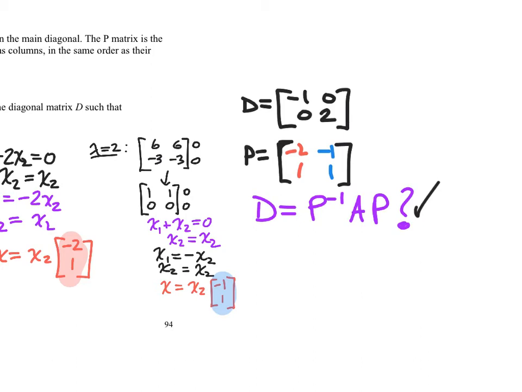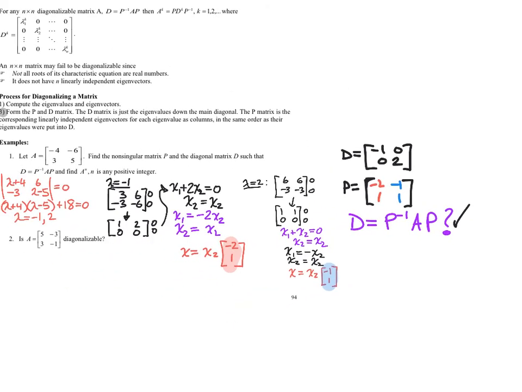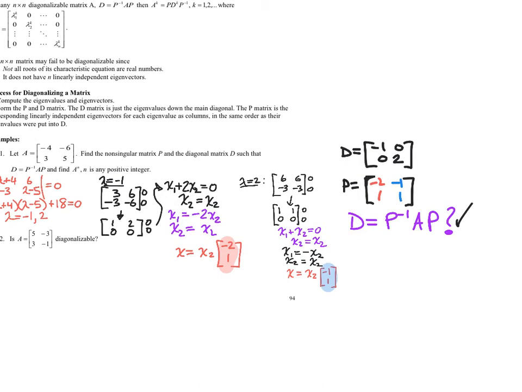All right, so now what I can do is actually put this to use, because one of the properties... let me pause this. I really badmouthed the content while I was recording it. So we have a relationship that we know is true, right? A to the k is equal to P times D to the k times the inverse of P. So if I want to find A to the nth power, it's going to be this relationship, just in a different order, because we're really just solving for a different variable.